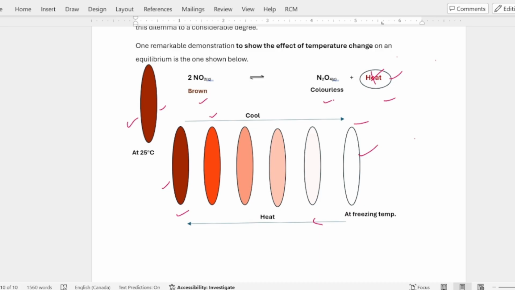When the tube was given heat as it was taken out of the deep freeze, since heat was added, which is a product, to remove the heat, the equilibrium shifted from right to left, changing colorless dinitrogen tetroxide to brown nitrogen dioxide. And that is how we use Le Chatelier's principle to explain these color changes.